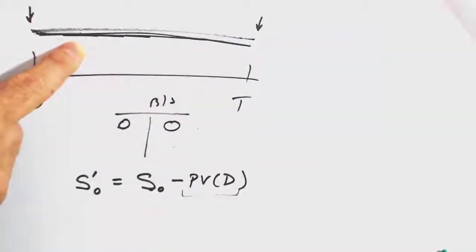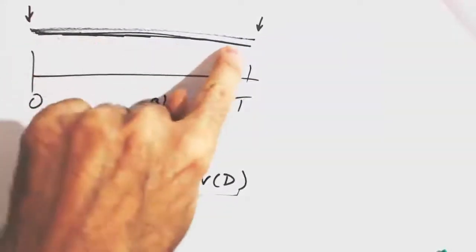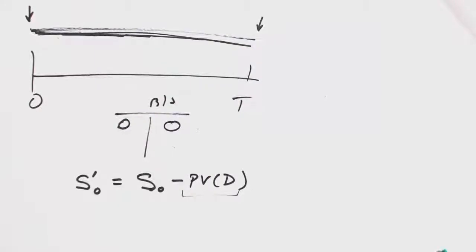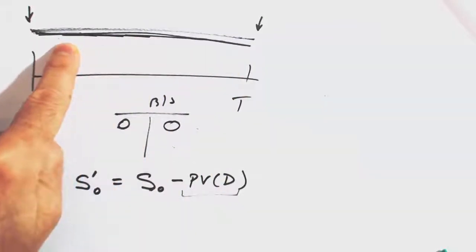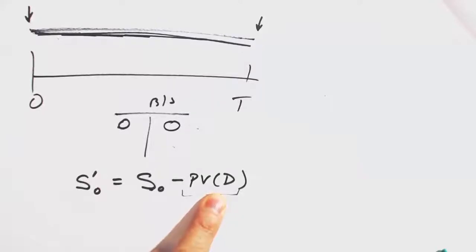If you have a one-year option, it could be 4 dividends paid throughout this. Your textbook has a formula for that that's very involved, but basically says the same thing. Just figure out the present value of those dividends and back them out. And the notation is kind of cumbersome, and I don't really care. All I care is you think about it in terms of the present value of the dividend is what we're backing out. Okay, now let's continue.